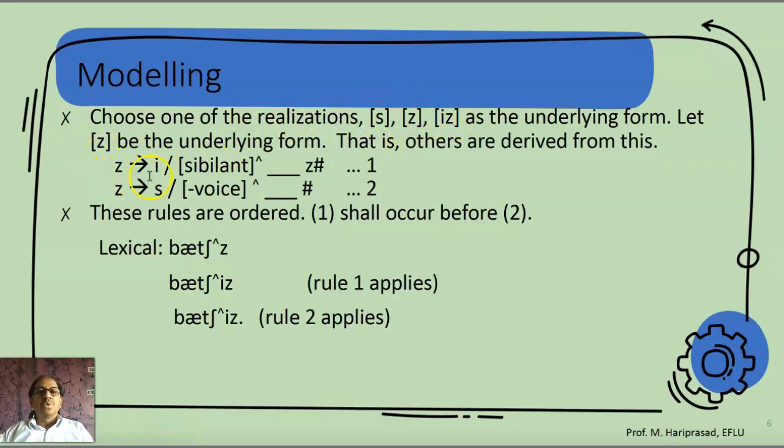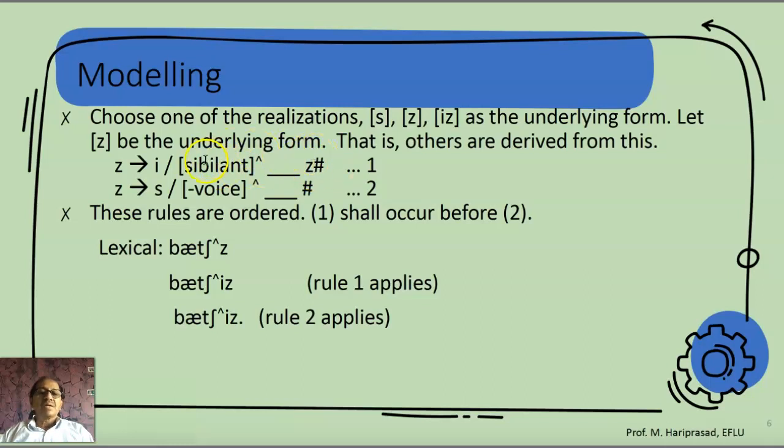Look at the phonological rules here. Traditionally, z changes to "iz" by inserting e after a sibilant and a morpheme boundary, before z.